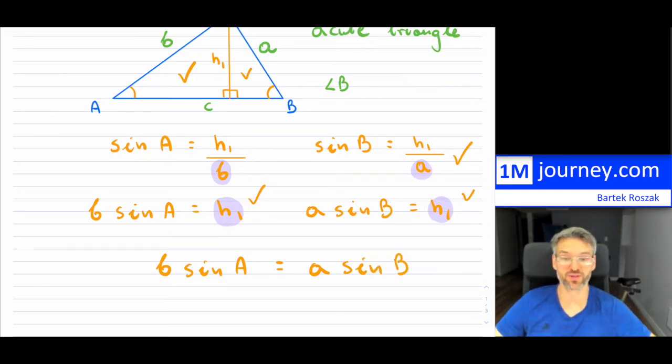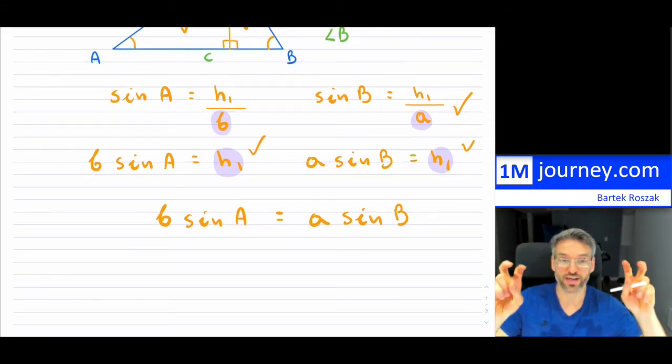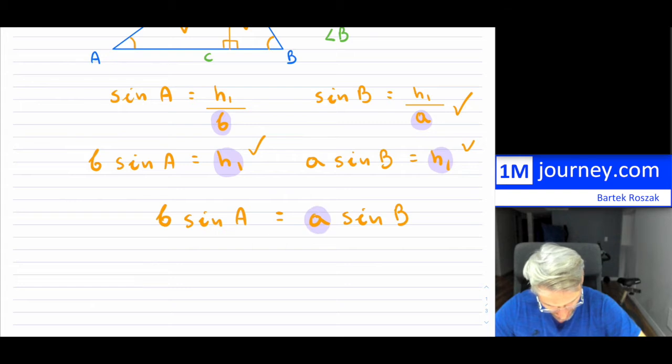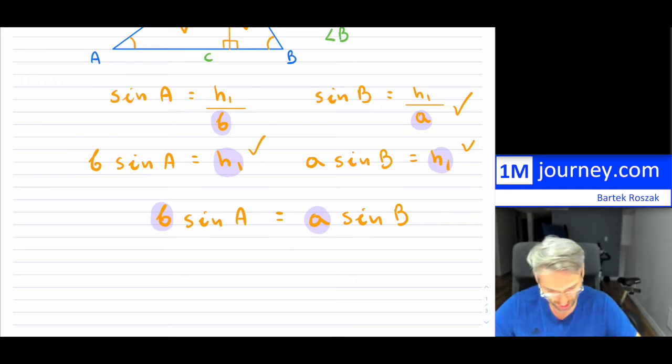And we're pretty much there. So now, to get my sine law, I'm going to shift this A to the denominator on the opposite side, and this B to the denominator.